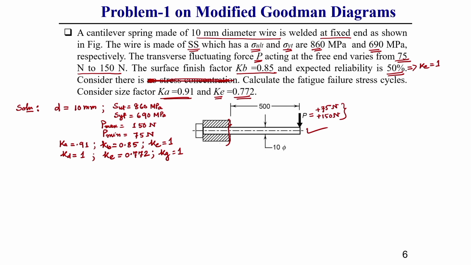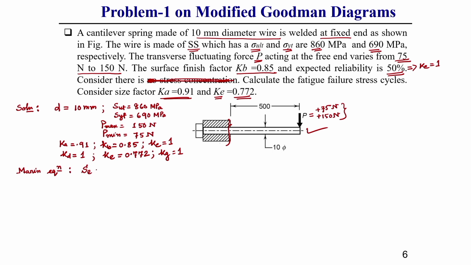Now, based on this, first and foremost we need to find out the endurance strength. How can we find that out? Based on the Marine equation, what do we know?